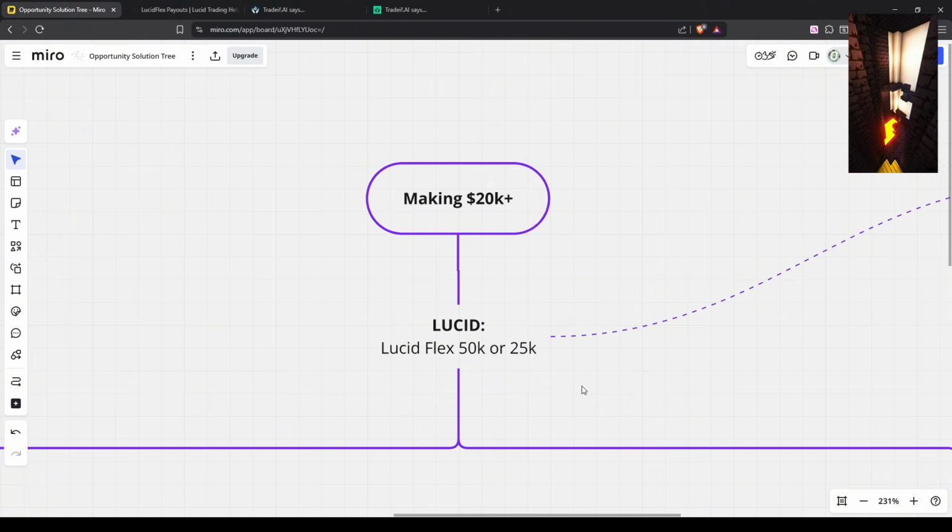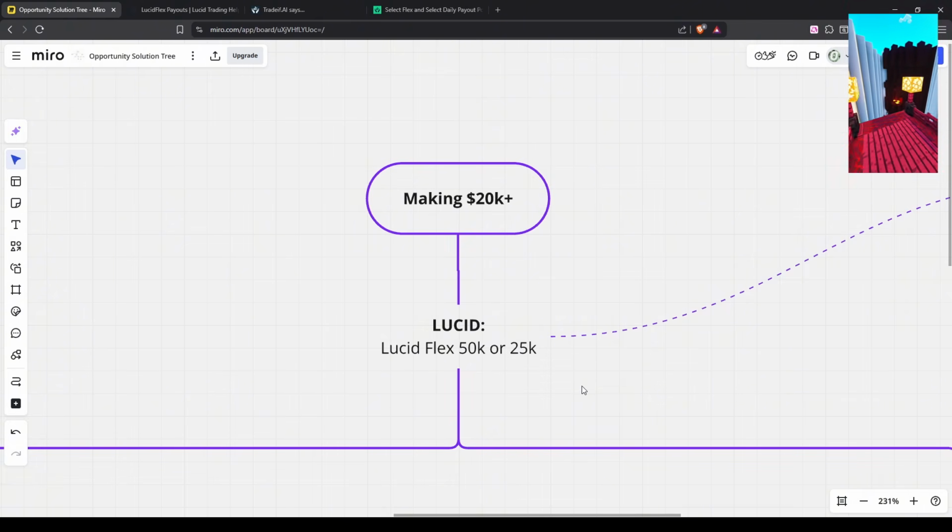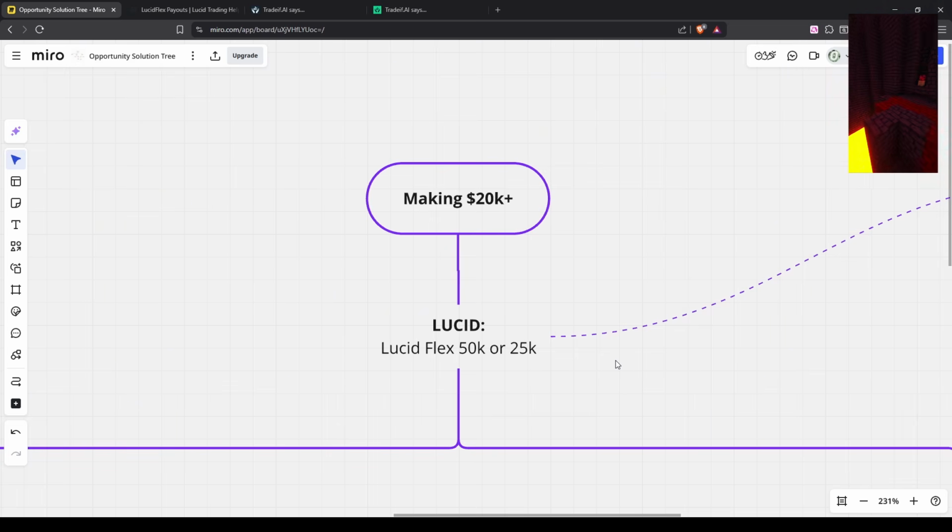So on paper there is no buffer that we need to maintain in order to take payouts, but there still kind of is. We can only take 50% of profit, and the minimal payout is $500. So as you understand, we need around $1,000 of profit in order to take a payout.